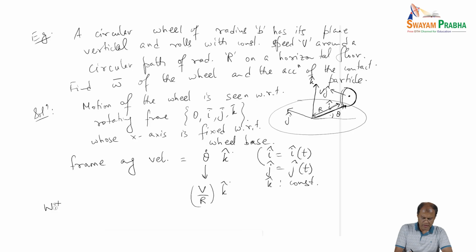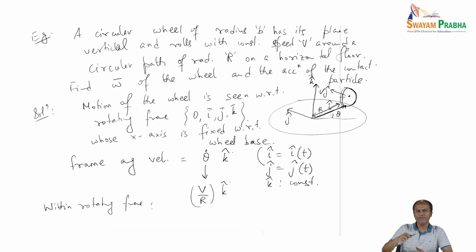So within this rotating frame, we see the angular velocity of the wheel with respect to this frame. Now in this frame the wheel is the center. So the wheel is rotating while it is moving ahead.